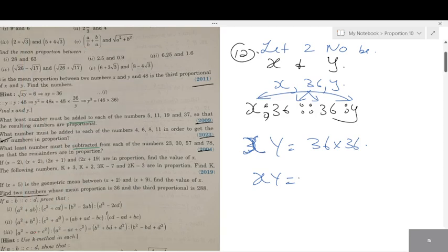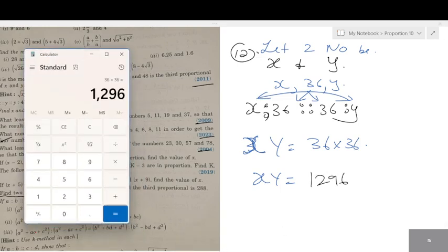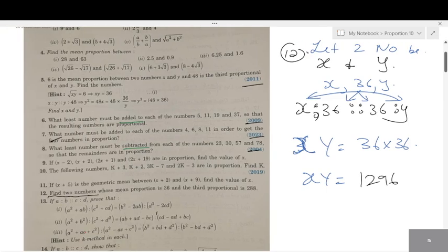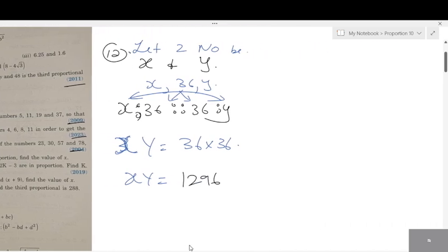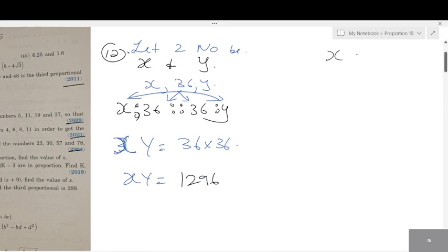1296. The next part of the question: the mean proportion is 36 and the third proportion is 288. For x and y, the third proportion is 288. If it is third proportion, write it in the third place, 288.